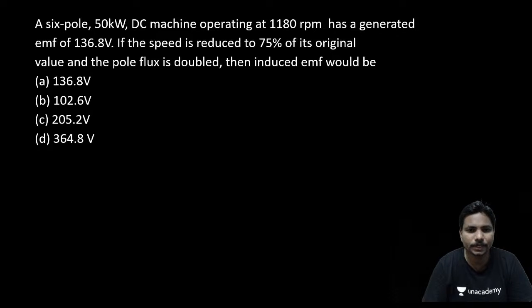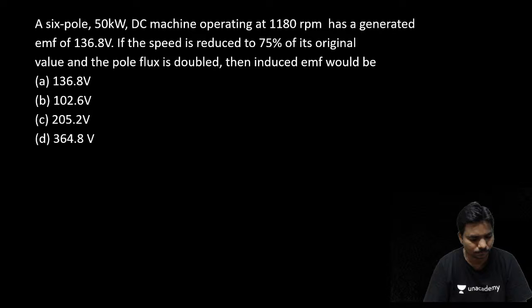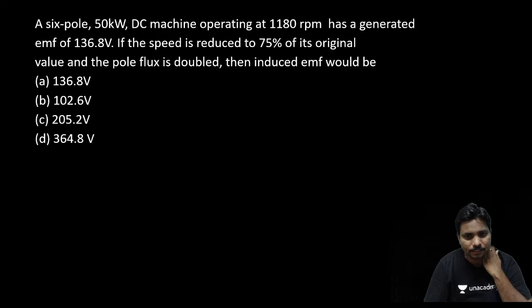If the speed is reduced to 75% of its original value and the pole flux is doubled, then the induced EMF would be dash. Come on, very easy one. Based on the EMF equation, we can get the idea of this one.